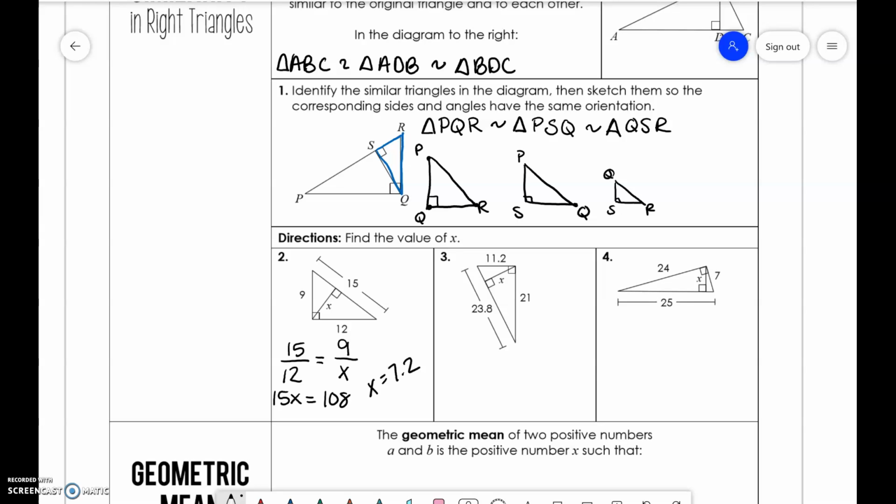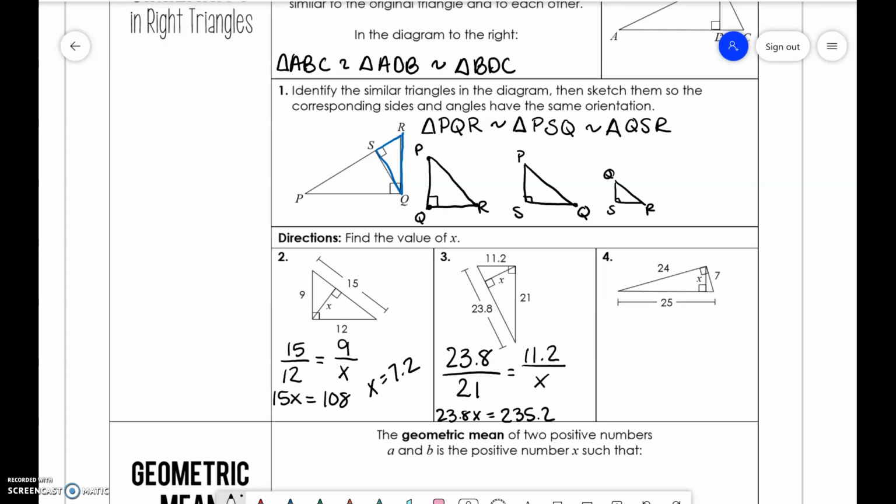Okay, let's try it again. So if we look at the hypotenuses, so we have the small triangle and the large triangle. So do the large triangle and the small triangle. Okay, so then we have the large triangle is 11.2 and the small triangle is x. So we get 23.8x is equal to 235.2.